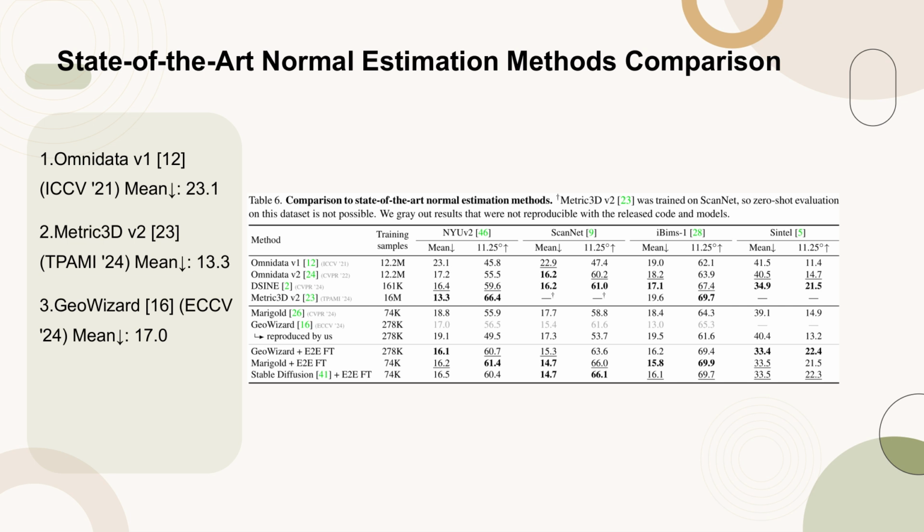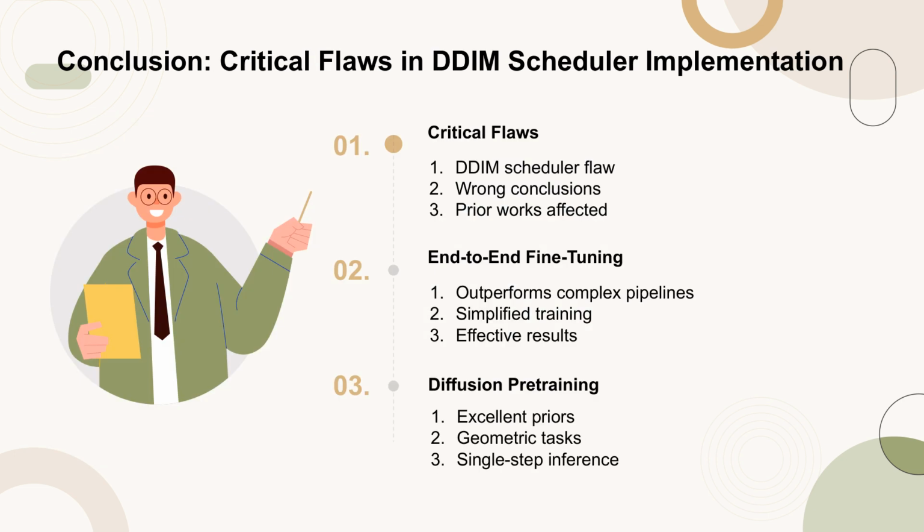In this study, the authors identified a critical flaw in the implementation of the DDIM scheduler, which has led to potentially incorrect conclusions in several prior works. They found that simple end-to-end fine-tuning methods outperform more complex training pipelines and architectures. Despite this, their work supports the hypothesis that diffusion pre-training provides excellent priors for tasks such as monocular depth and normal estimation.